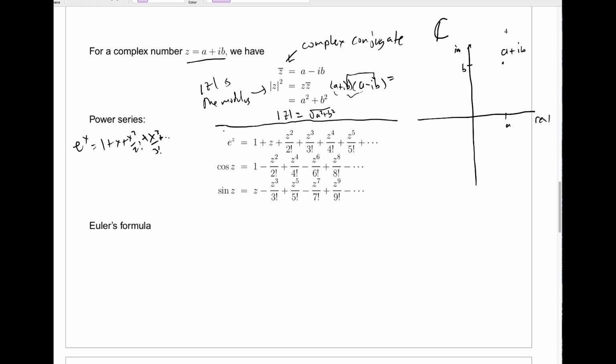So we make a definition, we just say that we can create the exponential function with a complex number as the argument, e to the z, just by looking at this exact same power series, only putting the complex number z in place of where we used to have x.